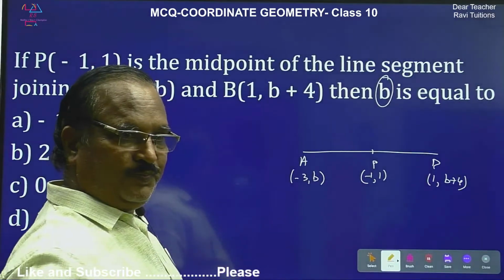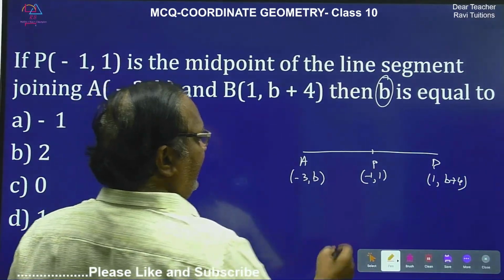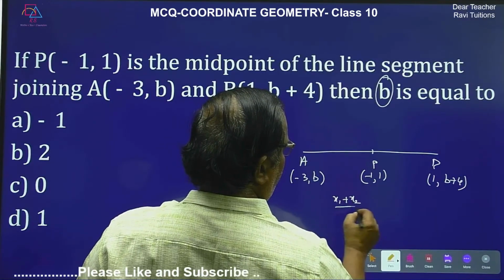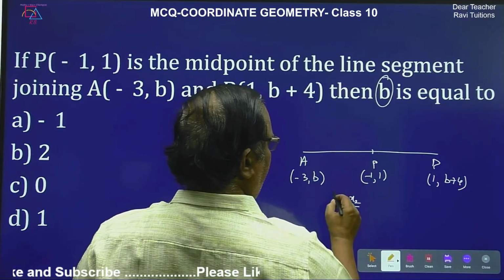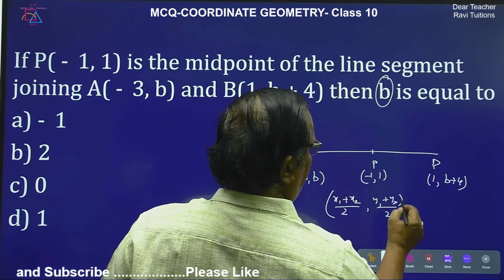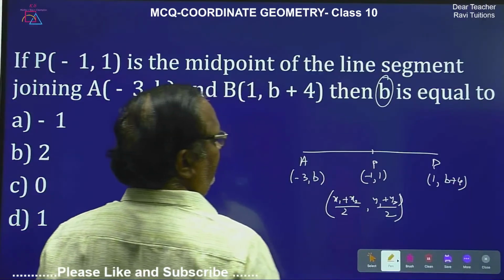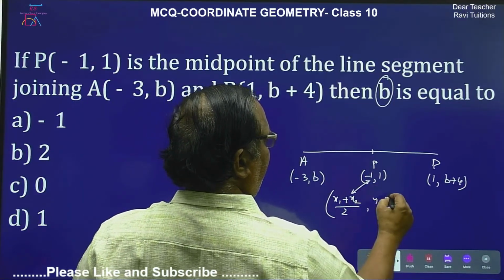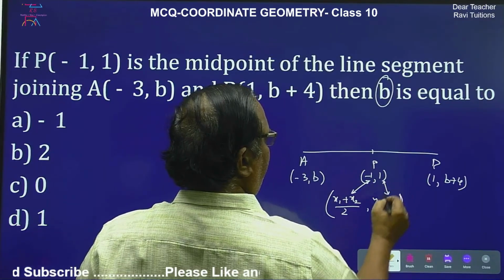How? You make x coordinate, x1 plus x2 by 2, this is the midpoint formula, y1 plus y2 by 2. So this is x coordinate and this is y coordinate.